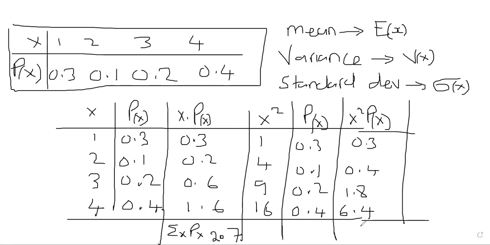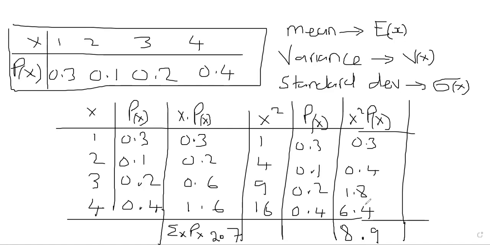So we're going to add this column here. We're going to have 7 plus 8, 15 plus 4, 19. So this becomes 8.9.